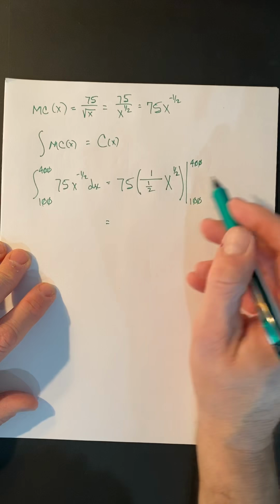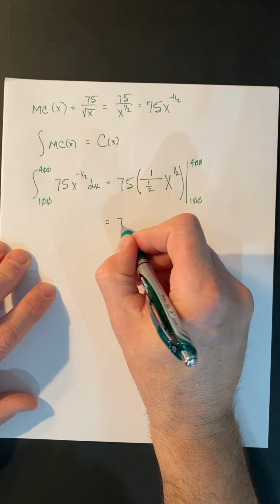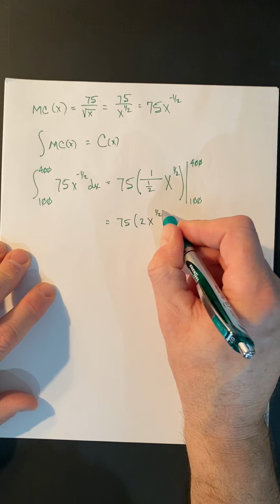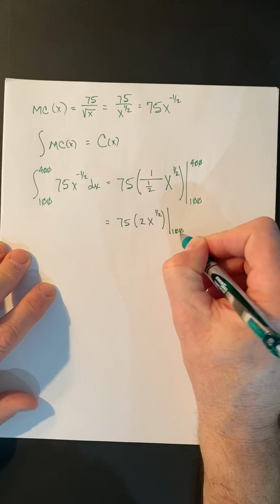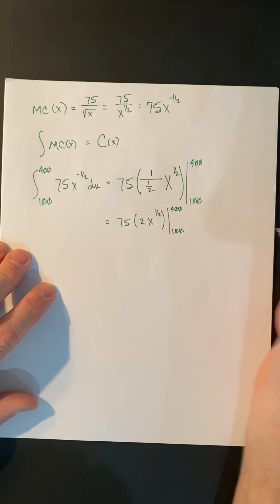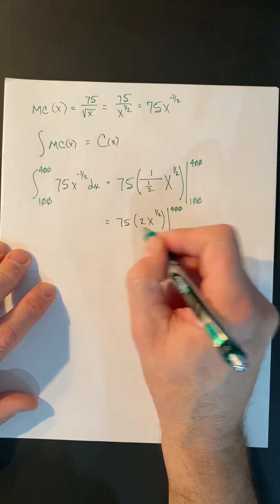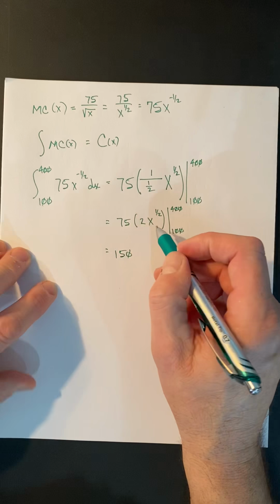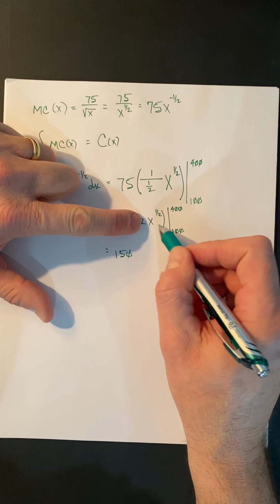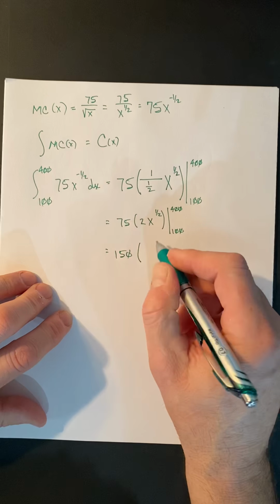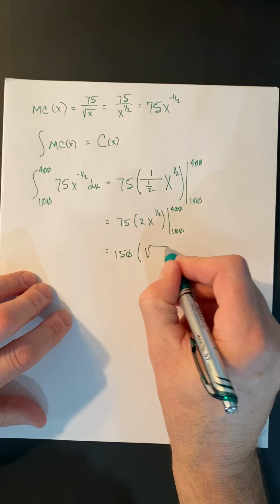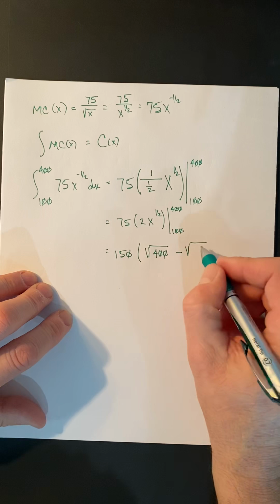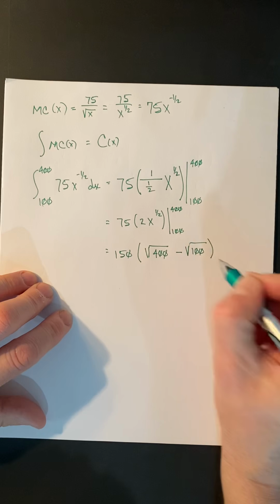So when I look at this, I actually have 75 times 2x to the 1/2, 100 to 400, right? So I'm going to pull this 2 out, and I'm going to have 150. Now I just have 150 times the square root of my limits, right? So I can look at this as the square root of 400 minus the square root of 100, okay?